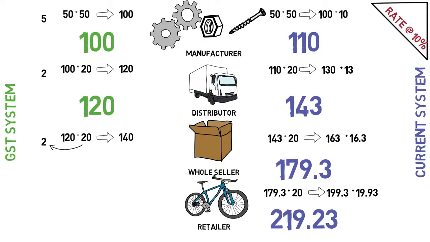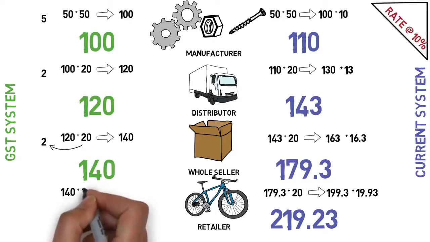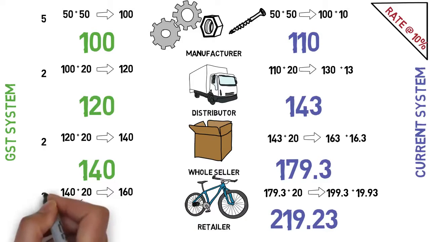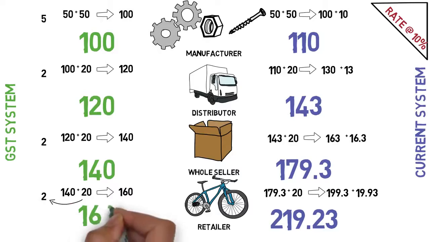The retailer buys the product for 140 rupees, adds a profit of 20 rupees, pays taxes of 2 rupees on his profit of 20 rupees and raises the final consumer price to 160 rupees. So, if the prices are compared, the product is 59.23 rupees cheaper in the GST system than the current system.